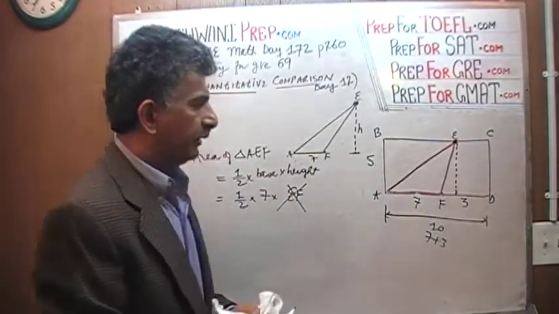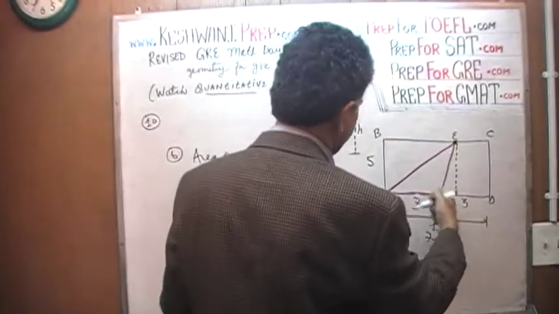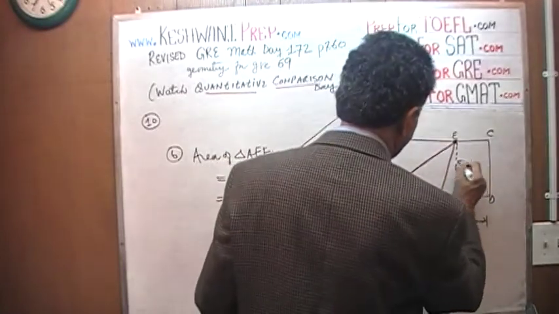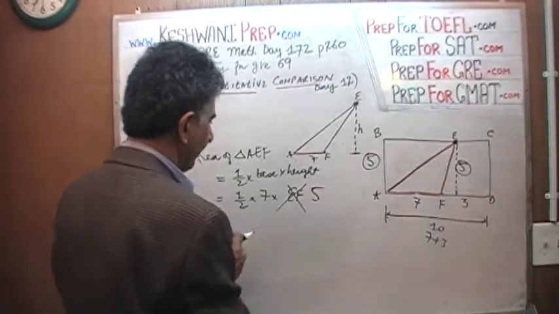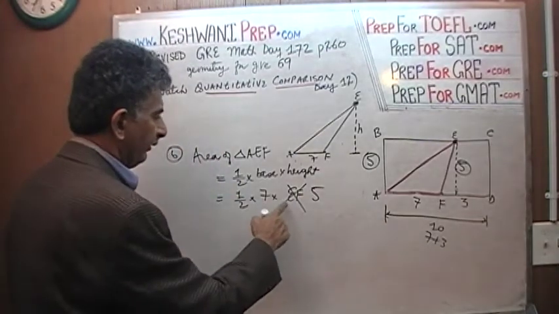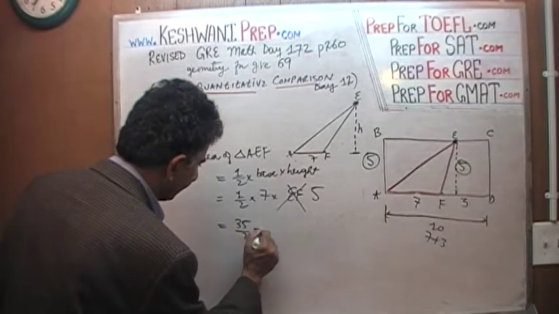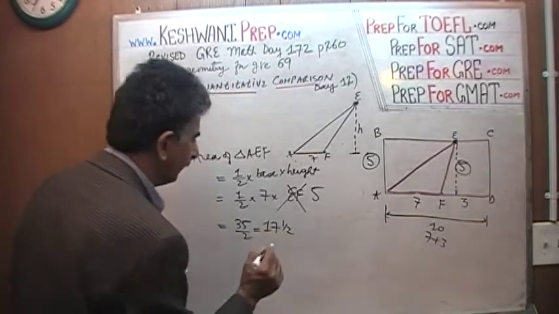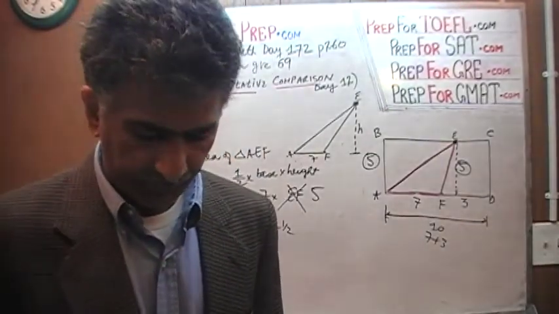If you draw up a perpendicular, that's the height of that triangle, which of course is just 5, same as this side. So the height is not E to F, height is 5. So it's 7 times 5, half of that, it is half of 35, which is 17.5, because 17 times 2 is 34, so half of 35 is 17.5.